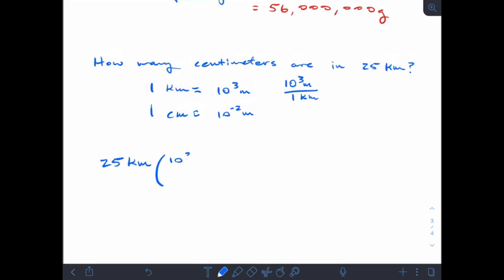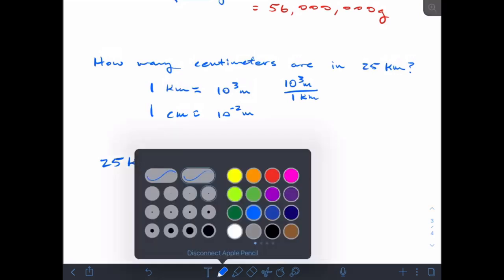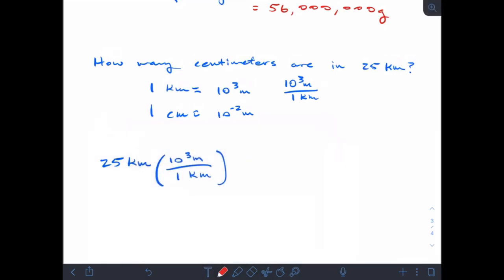So 10 to the 3 meters is 1 kilometer. If I stopped here, I would have an answer in meters. My kilometers would cancel out, and it would say 25 times 10 to the 3.